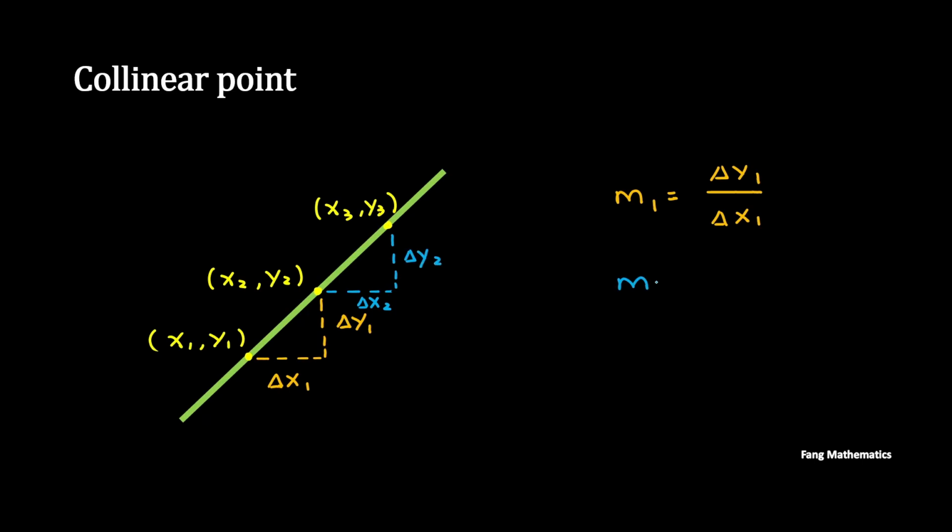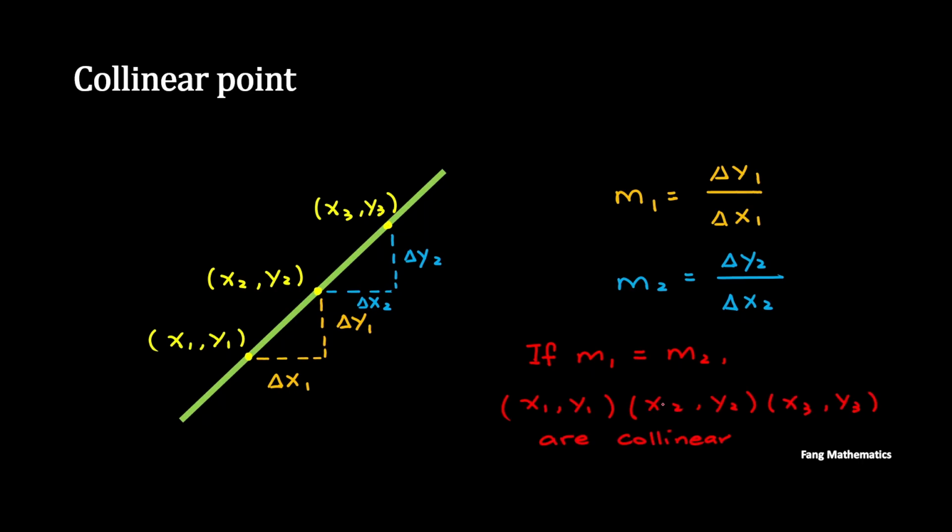So your m2 should be change in y2 over change in x2. So let's give the conclusion. If your m1 is equal to m2, then we say the 3 points are collinear. They lie on the same line.